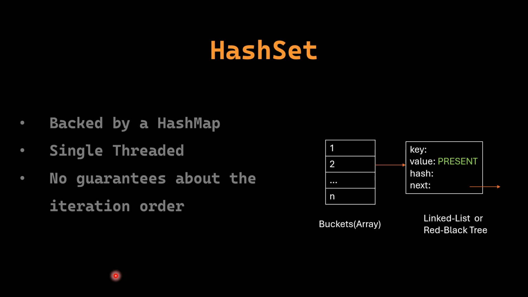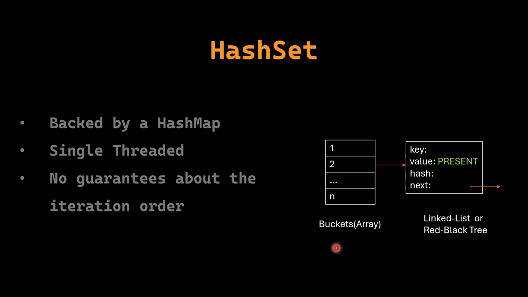Now let's look under the hood at how HashSet works. HashSet is actually a thin wrapper around HashMap. When you create a HashSet, internally it creates a HashMap where the elements you add become the keys and all values are set to a constant dummy object called PRESENT.